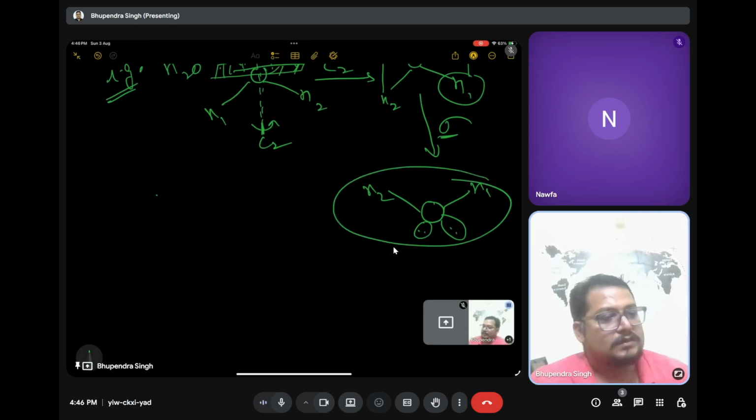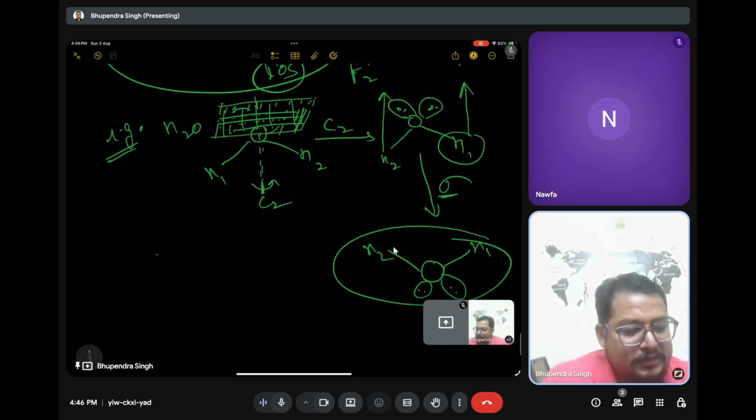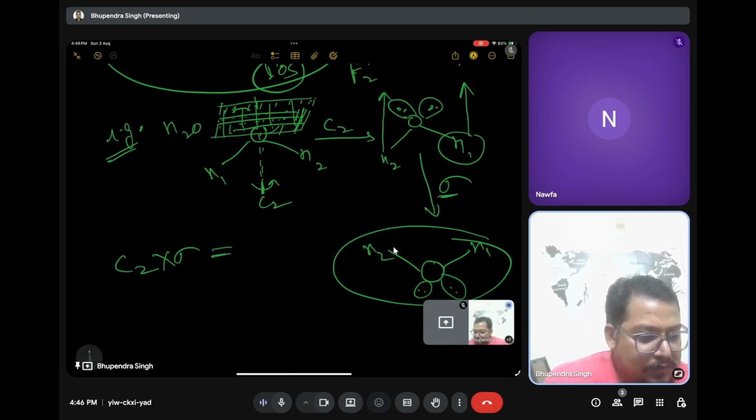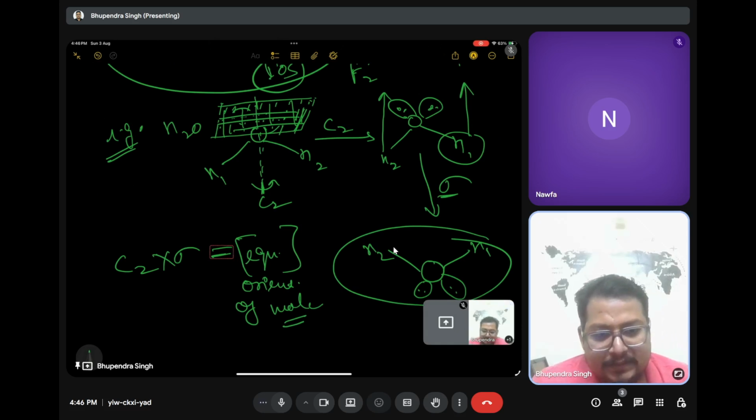Which means after applying C2 and then the plane of symmetry, you are supposed to get the equivalent orientation of the molecule. However, this is not the case here.